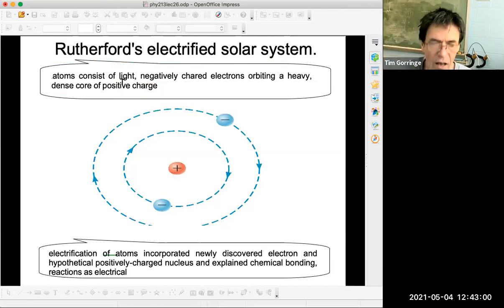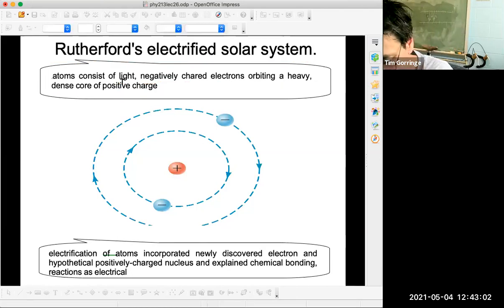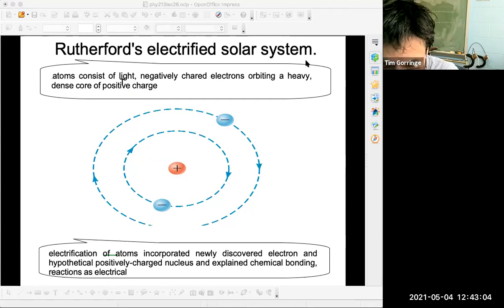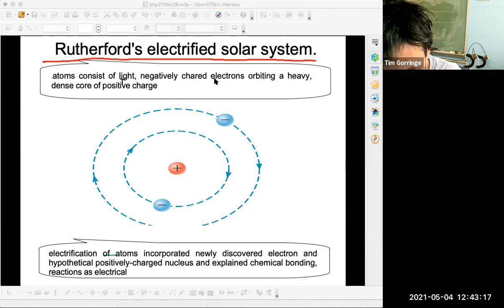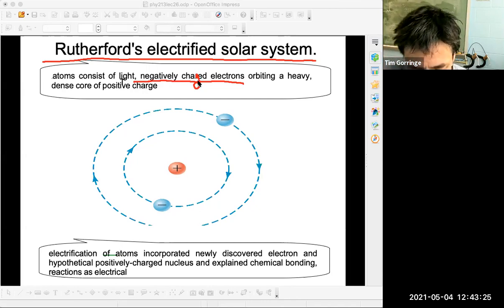At about the same time, a second model of an electrified atom emerged. This is called Rutherford's solar system model. So let me explain that. In this model, the two components are, again, negatively charged electrons.